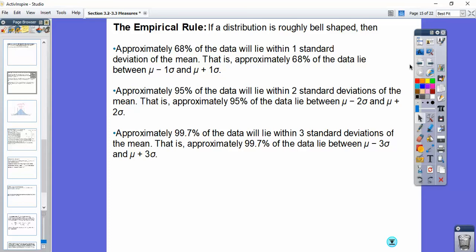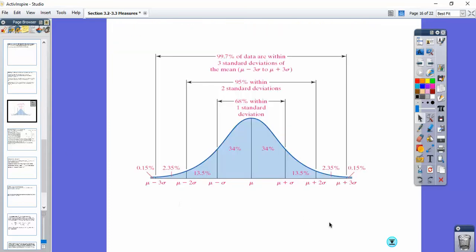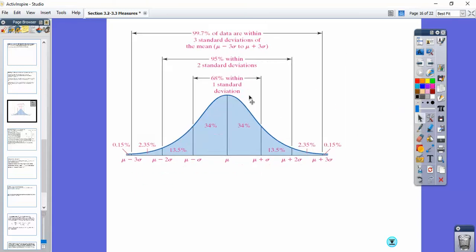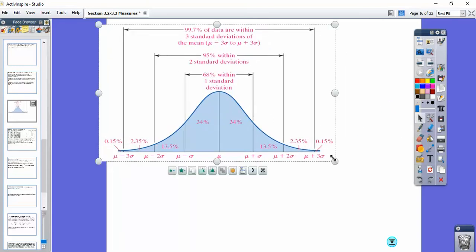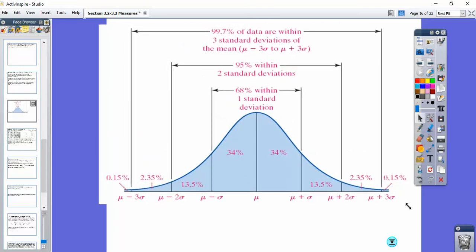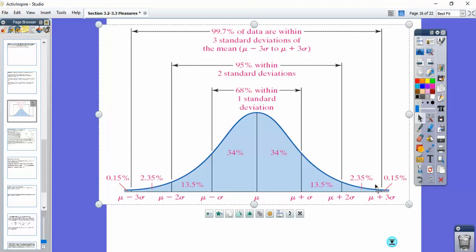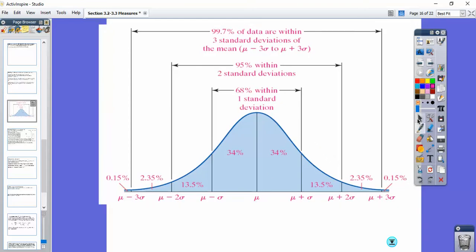So if we look at this picture, and I apologize, I know that's a little hard to read, I would draw this picture. It's going to be really useful on your homework. So if you have bell-shaped data like this, you know your mean is the center.